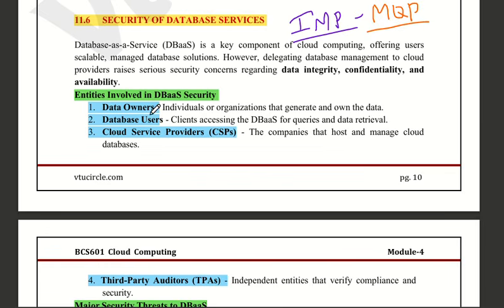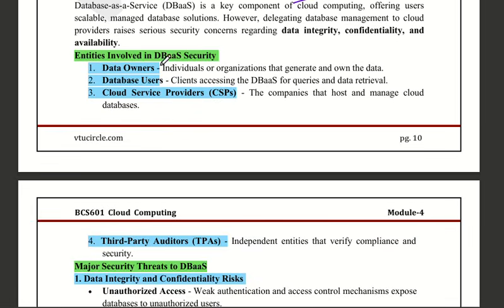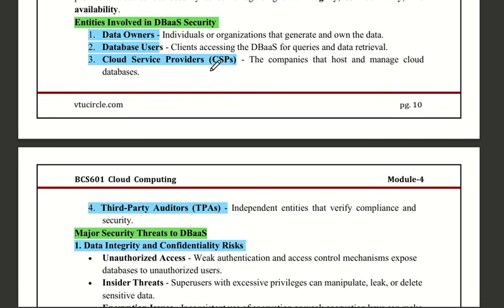For that reason we use the security of a database service concept, that is DBaaS, database as a service. Let's see the entities involved in database as a service security. There are data owners, database users, cloud service providers, and third party auditors. These four points are the entities.